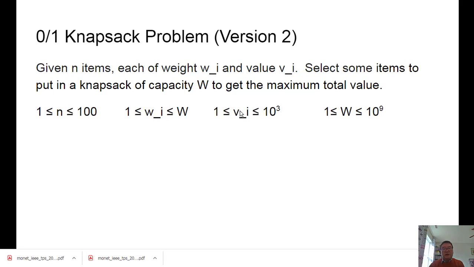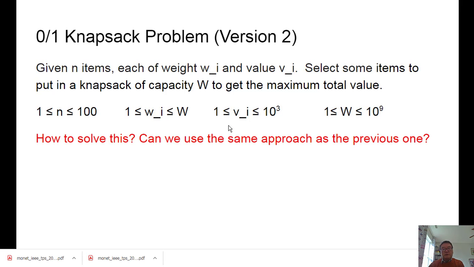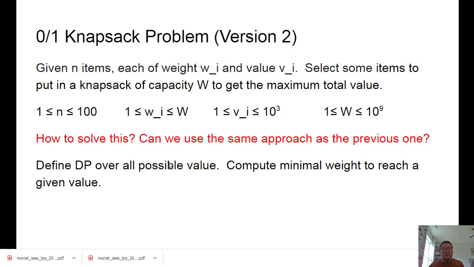Now let's look at the same problem with different parameters. This time the weight can be large. The maximum weight, instead of 10 to the 5, let's say is up to 10 to the 9. Now we cannot use the same approach as before. But this problem has the feature that the value range is small, so we can solve it by slightly changing the DP state. We define DP over all possible values.